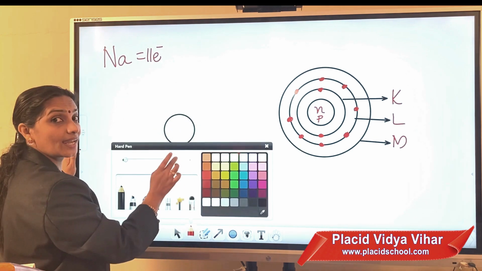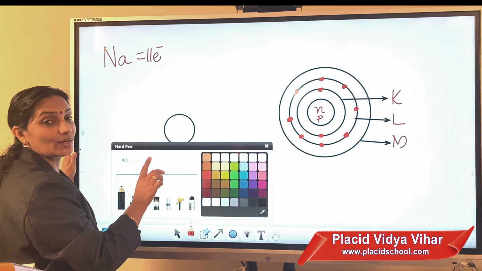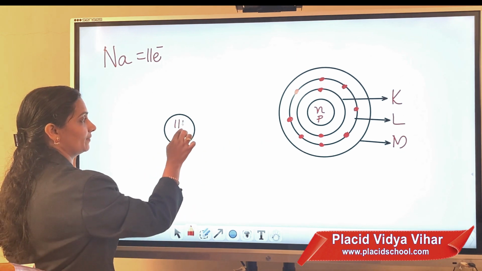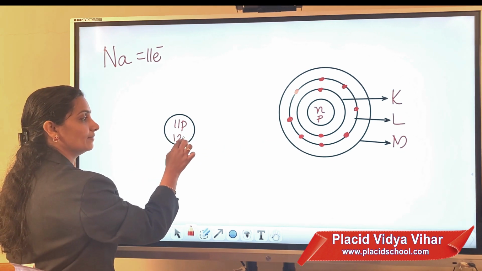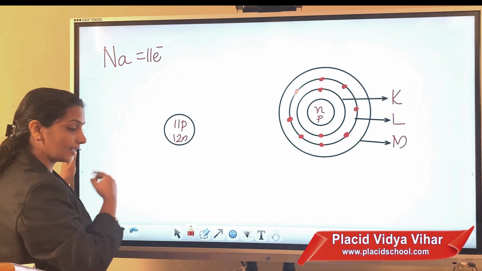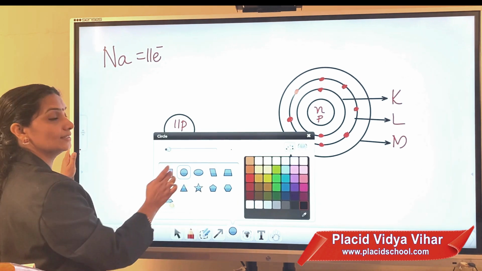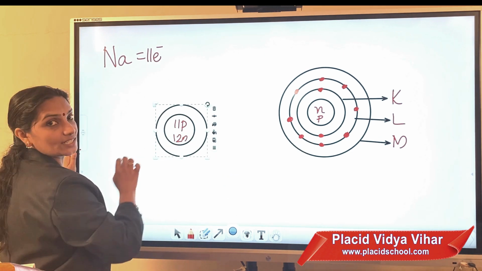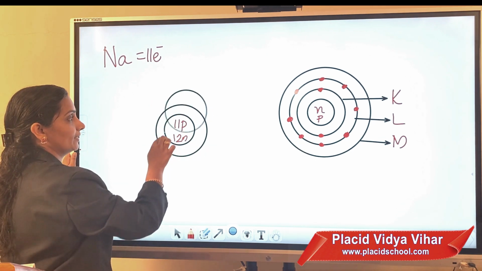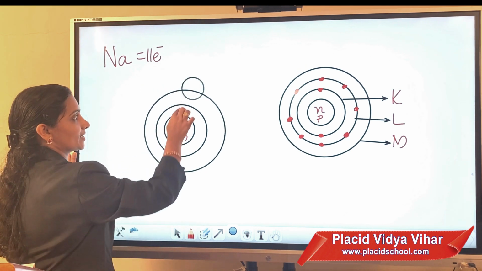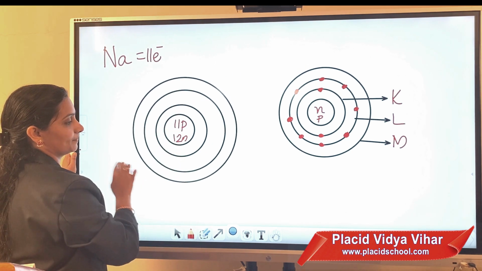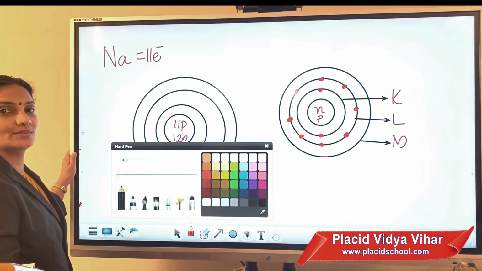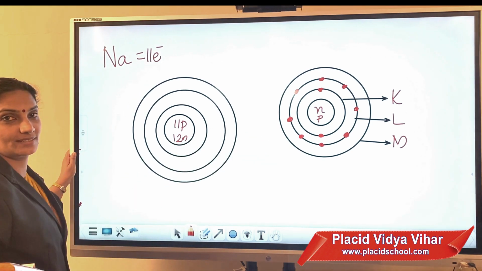Sodium has 11 protons and 12 neutrons, and around this nucleus we have shells. The first shell, K shell. The second shell, L shell. The third shell is M.